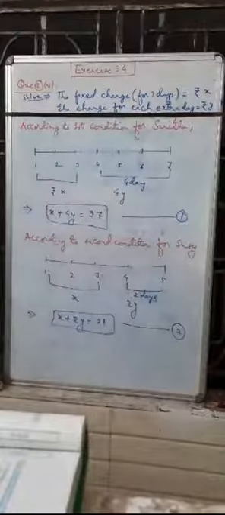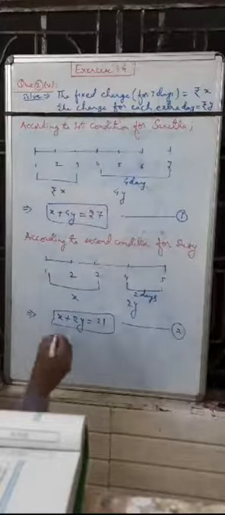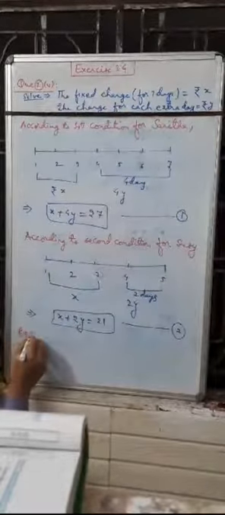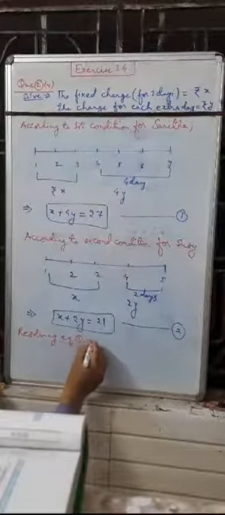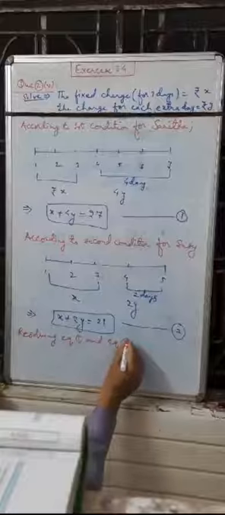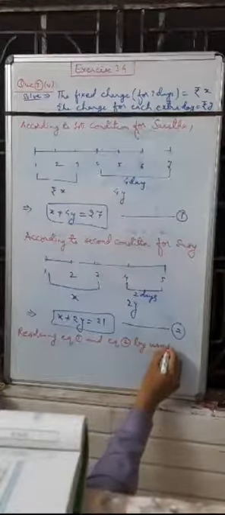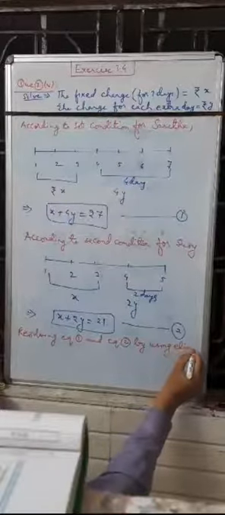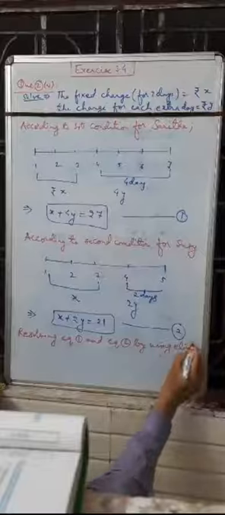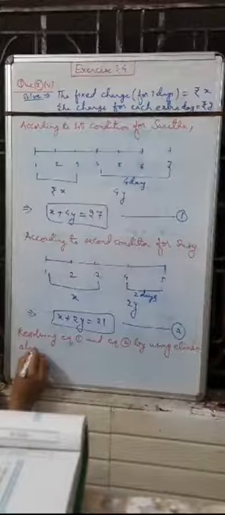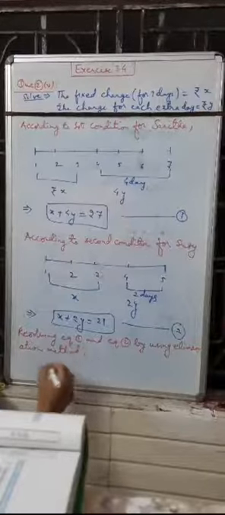Now you got equation 1 and equation 2. So resolving equation 1 and equation 2 by using the elimination method. एलिमिनेशन मेथड यूज कर सकते हैं. So how to use elimination method?